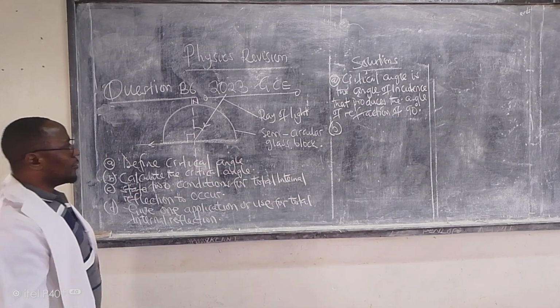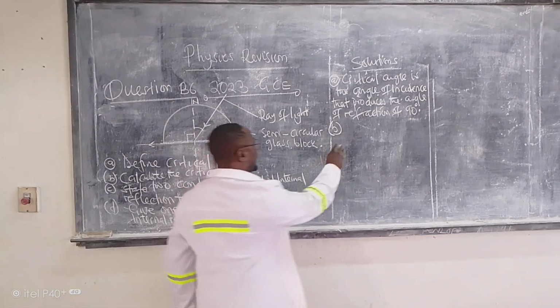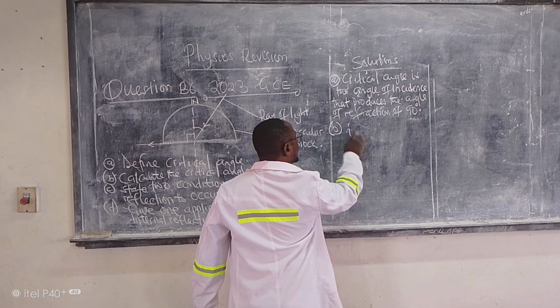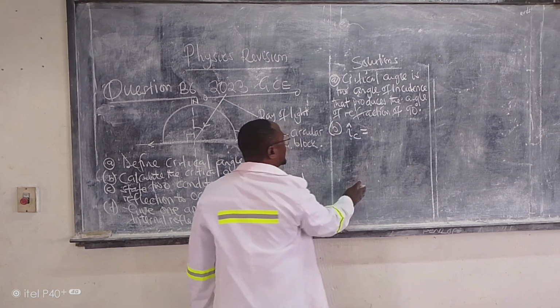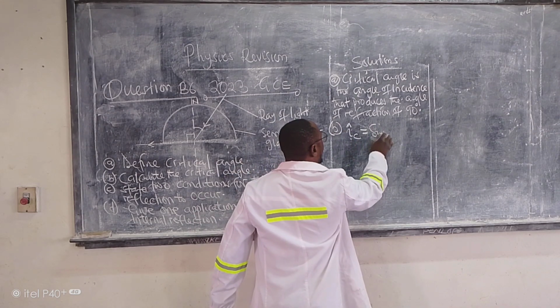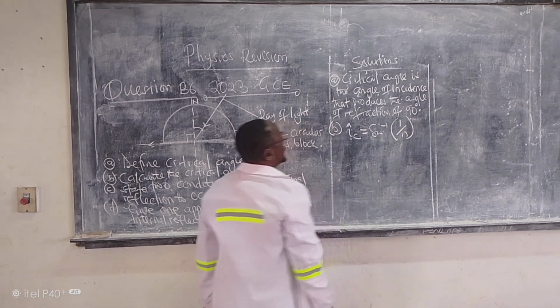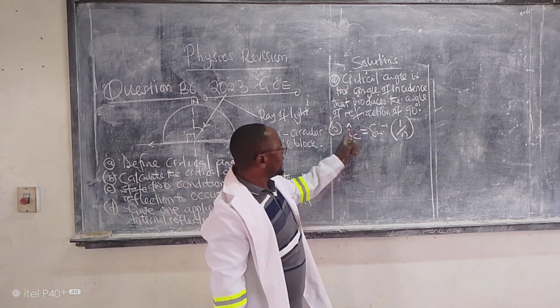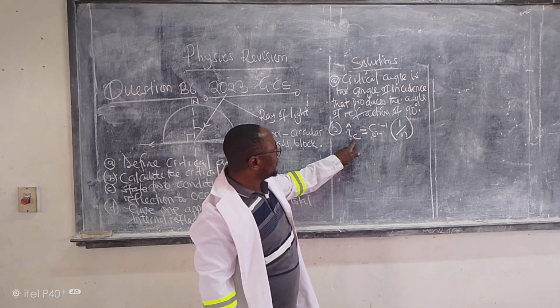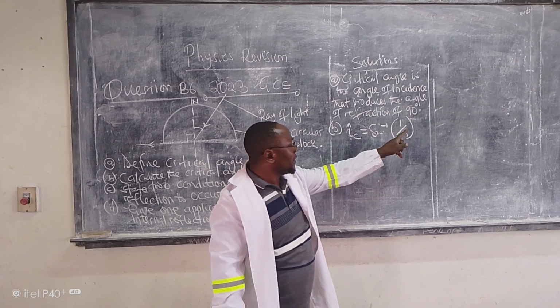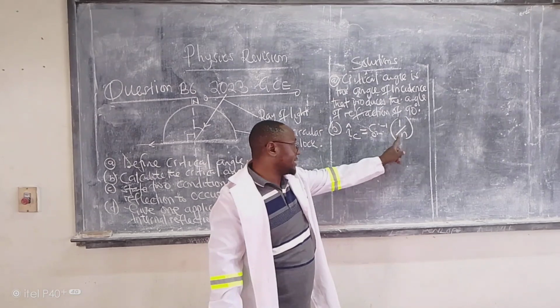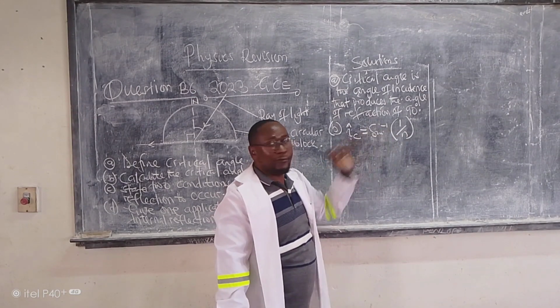Calculate the critical angle. This is the formula for critical angle, where this stands for critical angle, this is the refractive index of the material, and this is sine inverse.